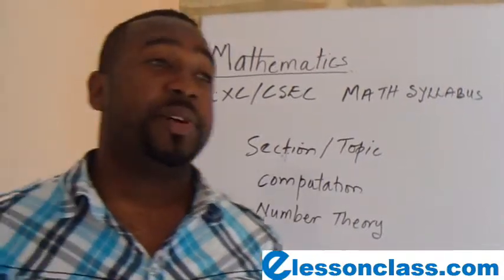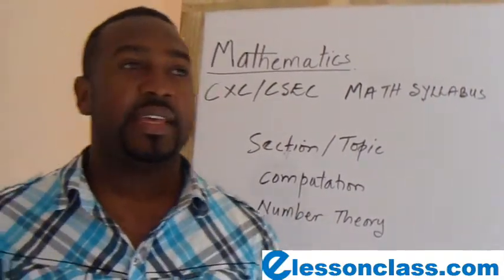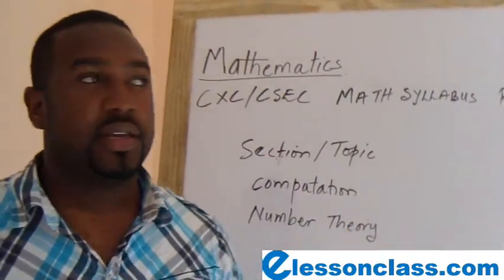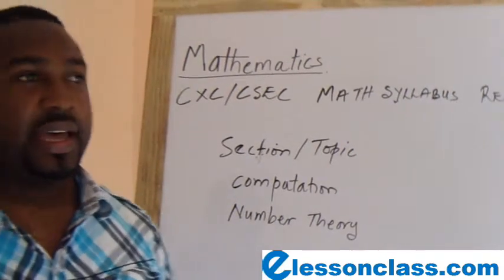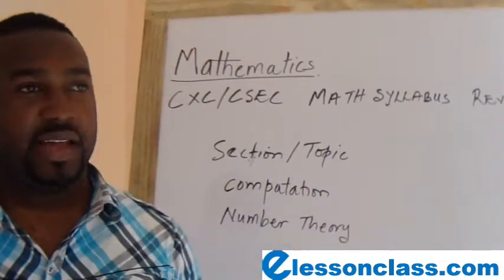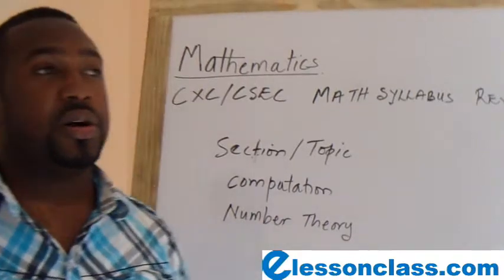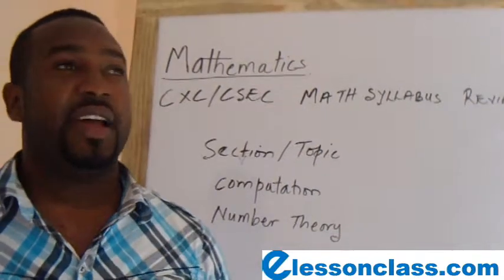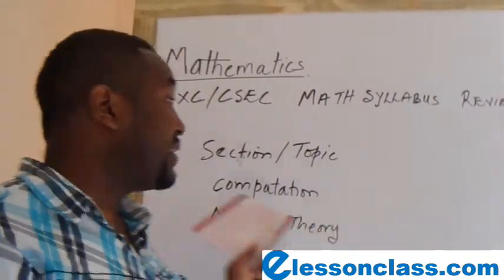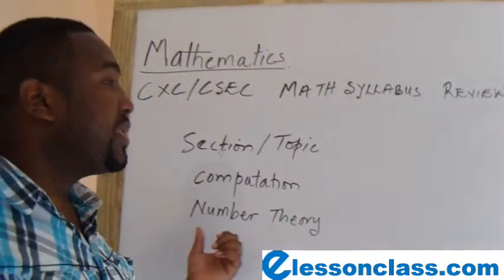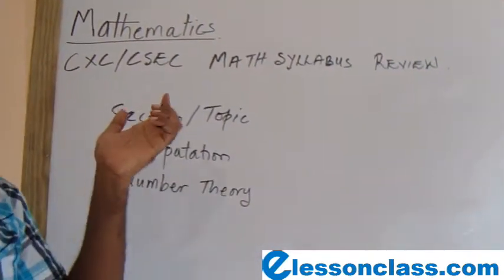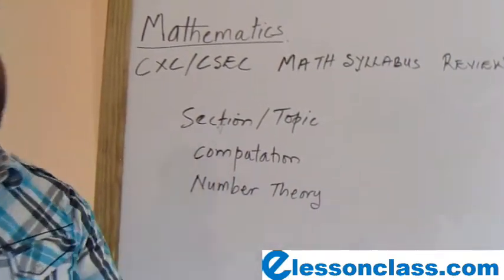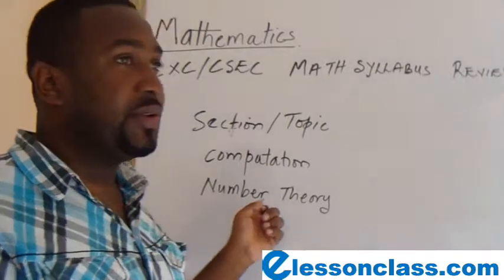Even algebra, though you use variables, is connected to numbers, because a variable is basically an unknown number, or an unwritten number, so it's connected to number theory. Number theory has under it whole numbers, different kinds of numbers, rational numbers, integers, etc. We'll be looking at those things.